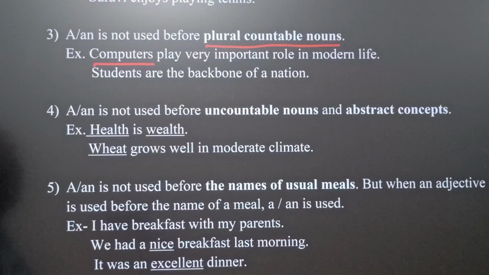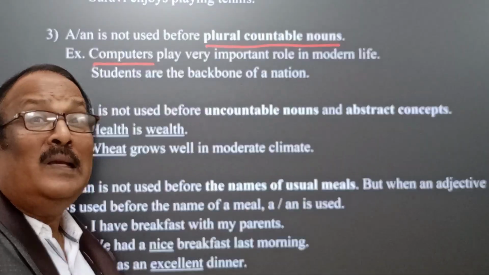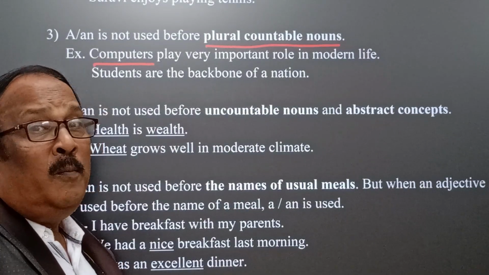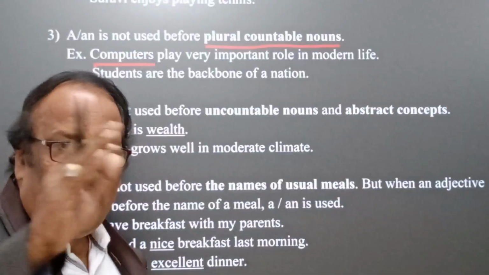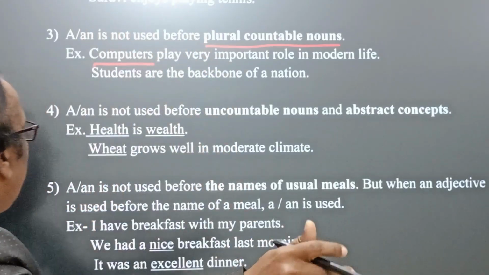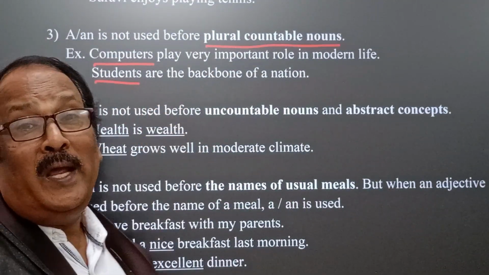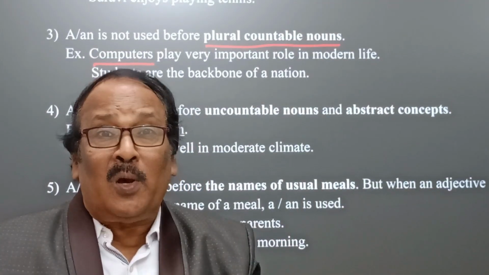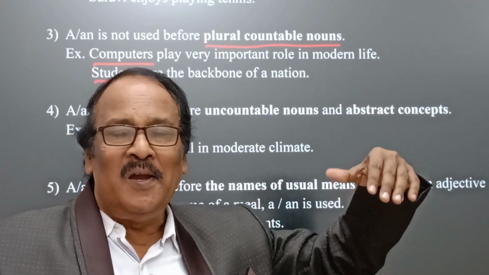We cannot say a computers play a very important role in modern life, because computers is plural, and hence before a plural countable noun article a or an cannot be used. Now see here, students are the backbone of a nation. It is universally true because the students of today are going to shoulder the responsibility of the nation.